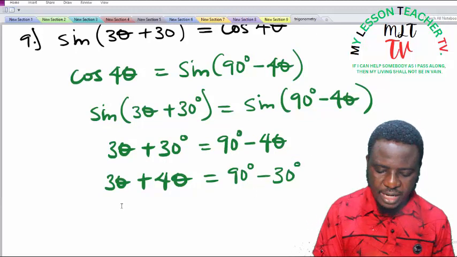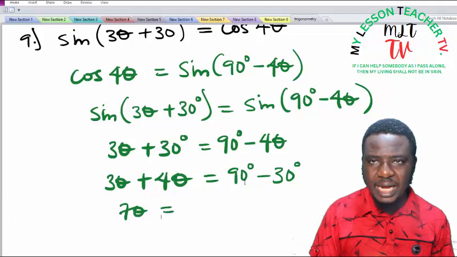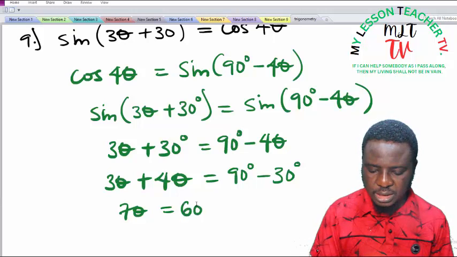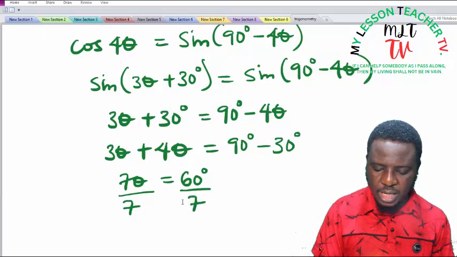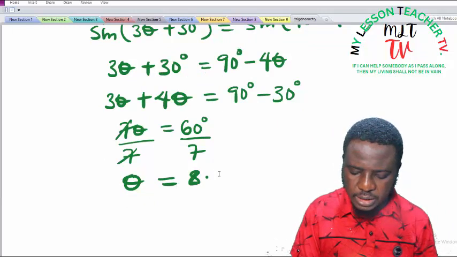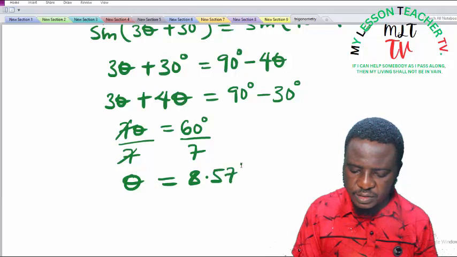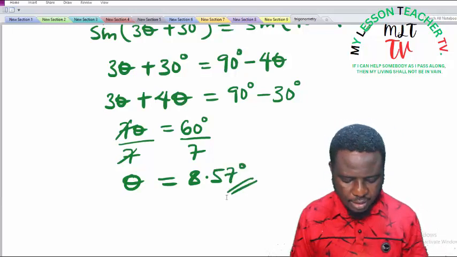And when you simplify, this gives us 7 theta to be equal to 90 minus 30, which is 60 degrees. And when you divide both sides by 7 to get your value of theta, 60 divided by 7 is said to be 8.57 degrees. When you use your calculator, you can confirm this.